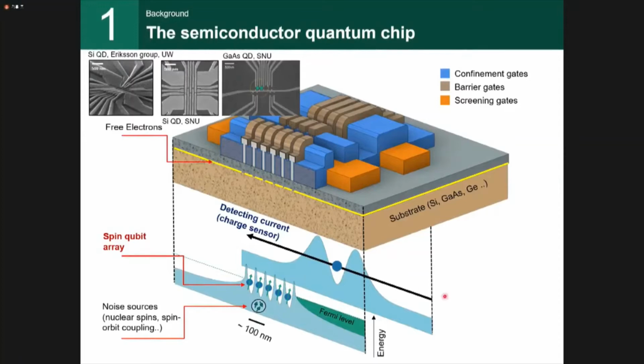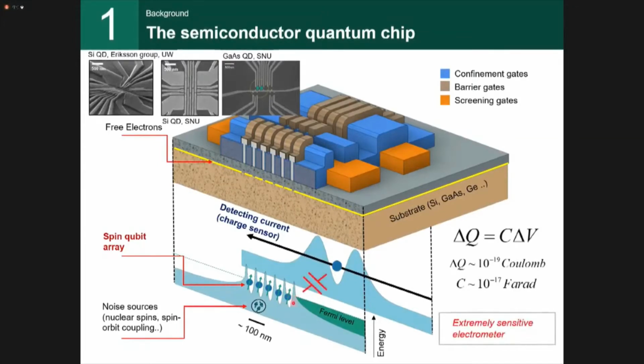We also flow a current nearby the quantum dot, and what we always measure is whether the electron inside the quantum dot is present, absent, or tunneled out to the reservoir. I will explain by this simple equation. One might think, how can you measure this very small change of charge?